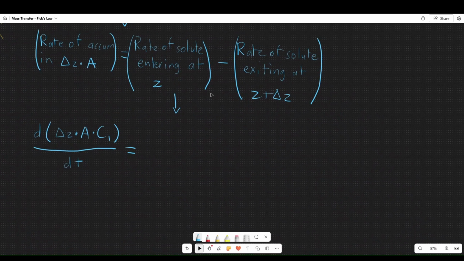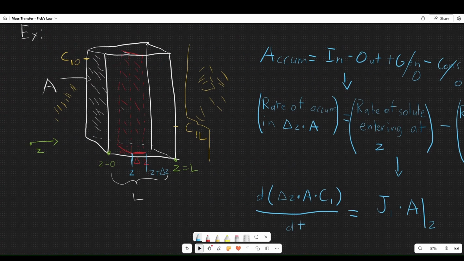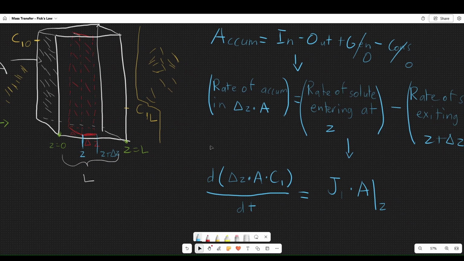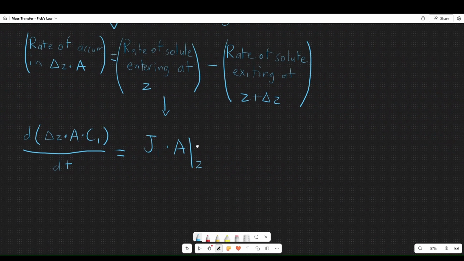So this would be essentially the flux, which we call J1 for species 1, times area at Z, evaluated at Z. Mass flux times area basically gives us the mass flow rate: how much mass is flowing through this Z cross-sectional area for any given time. So this is a rate, remember.